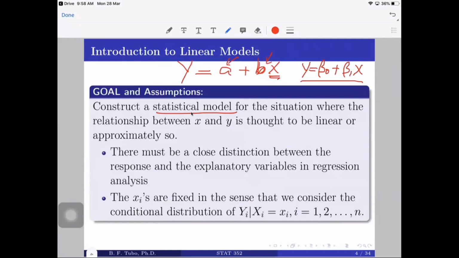So the goal and assumptions are, first, there must be a clear distinction between the response and the explanatory variables in regression analysis. And the xi's are fixed in the sense that we consider the conditional distribution of yi given x sub i, or capital X sub i is particularly equal to this realization small x sub i.